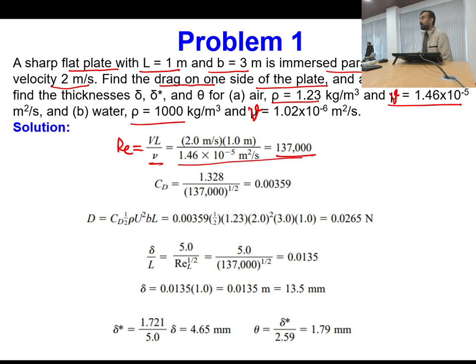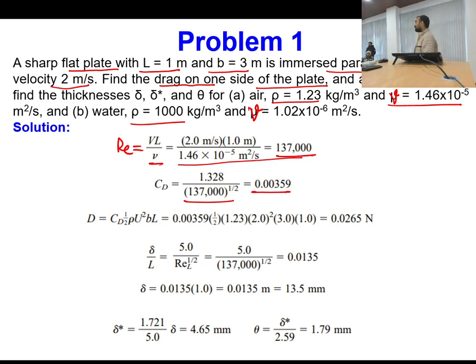If flow is purely laminar, then I need to determine the drag coefficient using the relation given for laminar theory. What was the relation? CD equals 1.328 divided by the square root of the Reynolds number, calculated based on the length. So this is now my drag coefficient.